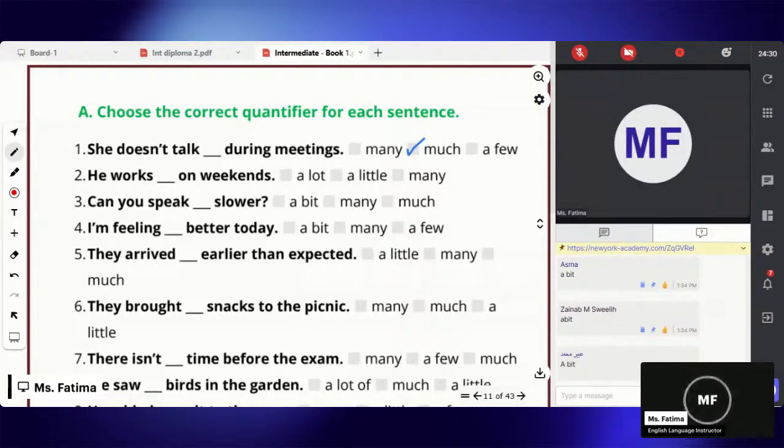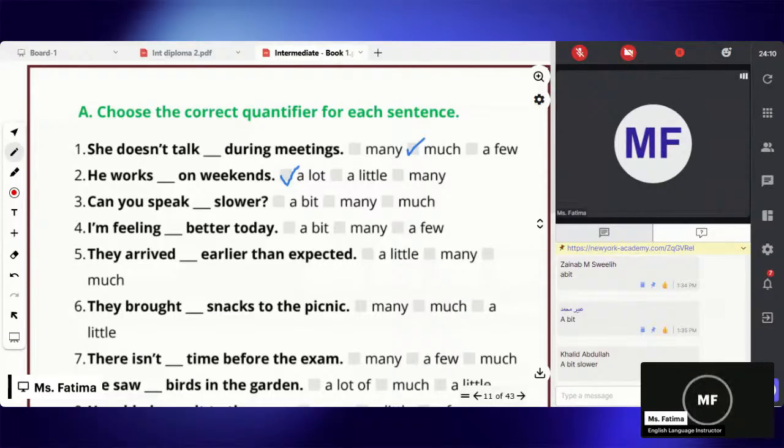All right. Much slower is not wrong. It is not a mistake. Much slower is not wrong at all, as in number two, he works a lot on weekends or he works a little on weekends. Both answers are possible.